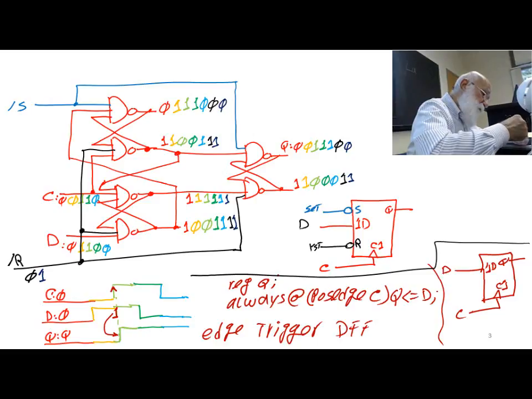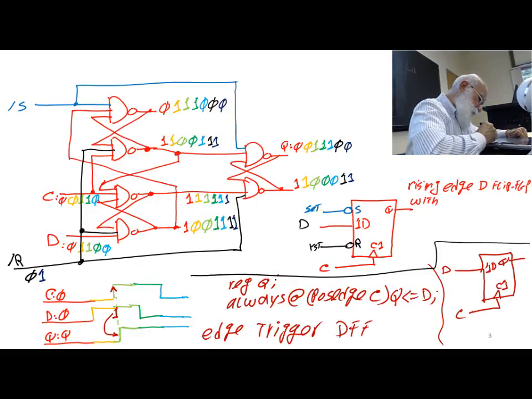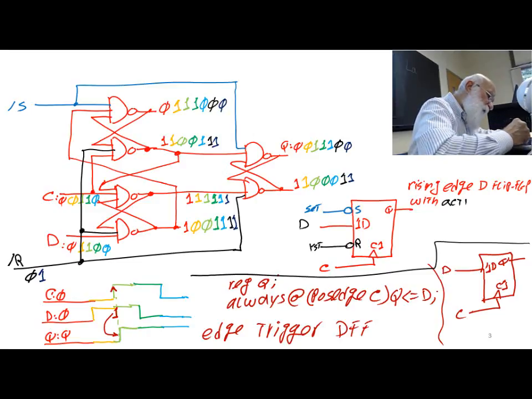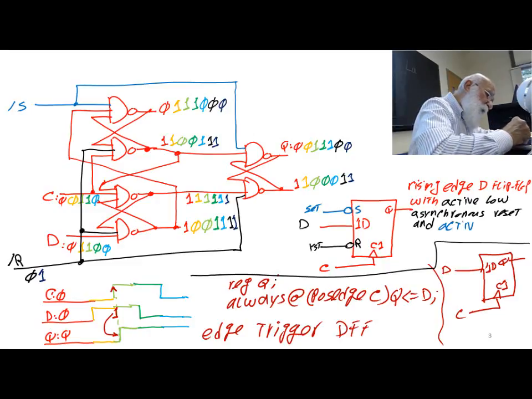So this is called a rising edge D flip-flop with active low asynchronous reset and active low asynchronous set.